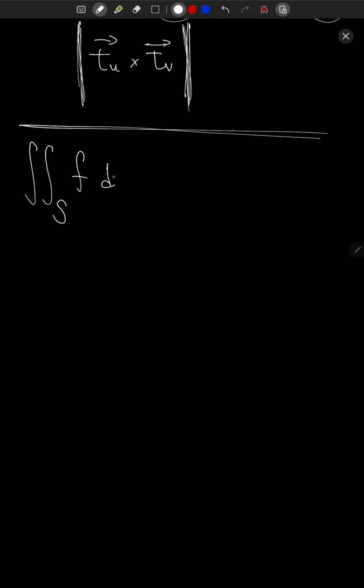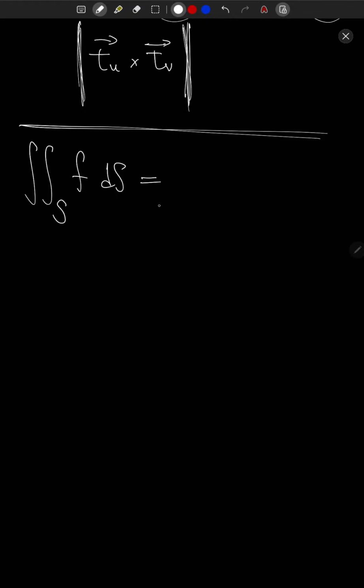Before, when we integrated over a two-variable region, we used dA to represent area, but now, because it's a surface, we write dS. So if we want to integrate a function over a surface, maybe f represents mass density, and now you would be calculating the mass of your surface.